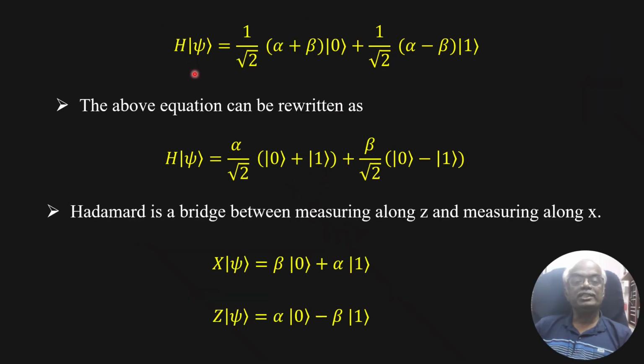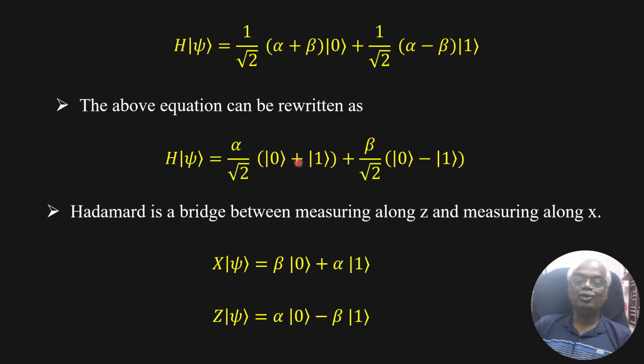So we got the relation: when H acts on ket psi, you will get 1 over square root 2 (alpha plus beta) times ket 0 plus 1 over square root 2 (alpha minus beta) times ket 1. Now we can rewrite the above equation. You can take alpha over square root 2 common. Here it is plus, here also alpha over square root 2, here also plus.